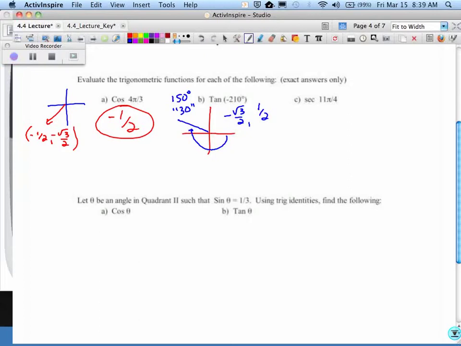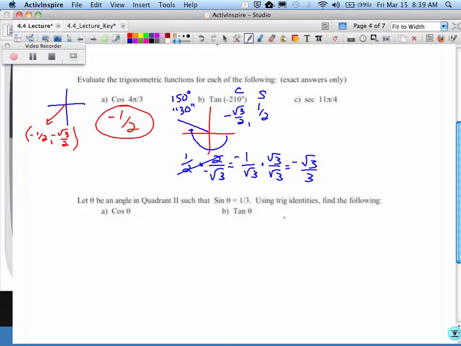Instead of dividing by cosine, I'm going to go right into multiplying by the reciprocal. The 2's cross off. You have 1 over root 3, and this is a negative answer. Then you rationalize it, so I end up with negative root 3 over 3.